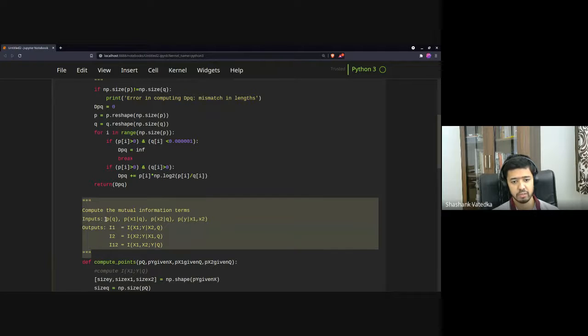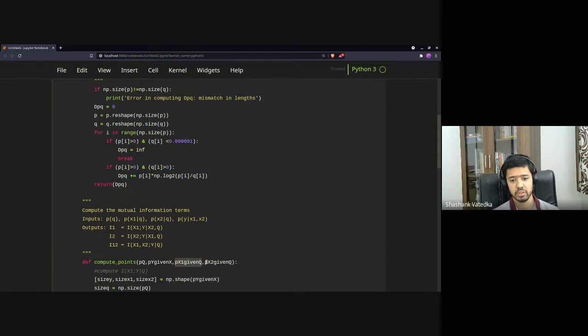The inputs are p of q, p y given x1, x2, p x1 given q, and p x2 given q, and it outputs three things: one is this mutual information, the other is this mutual information, and the third is this mutual information. A rate pair is achievable if R1 is less than or equal to I1, R2 is less than or equal to I2, and R12 is less than or equal to I12.